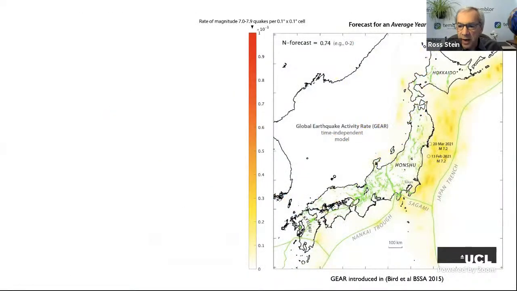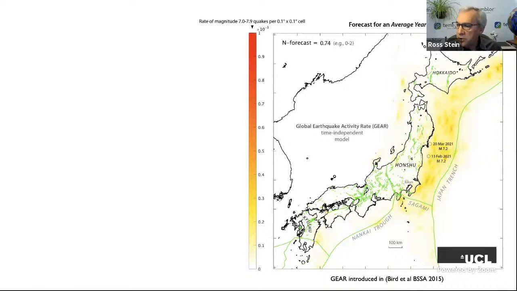Starting on the right, we're using the global earthquake activity rate model, which is a time-independent model, not a Coulomb model. And you can see that the two recent earthquakes, the February and March events, are broadly consistent with that, in the sense that a higher rate of magnitude 7 to 7.9 earthquakes were expected there compared to the Nankai Trough or other sites.